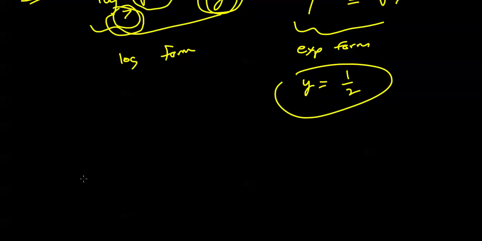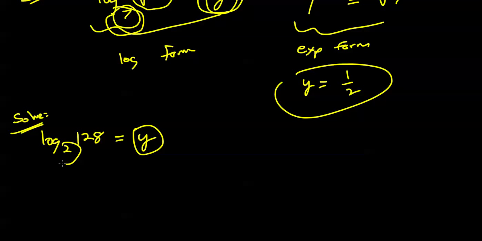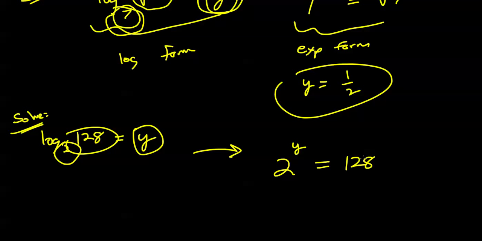Let's try another one. Log of 128 base 2 equals y, and let's solve this equation for y. Alright, y is the exponent we put on 2 to get 128. So converting, 2 to the yth power equals 128.